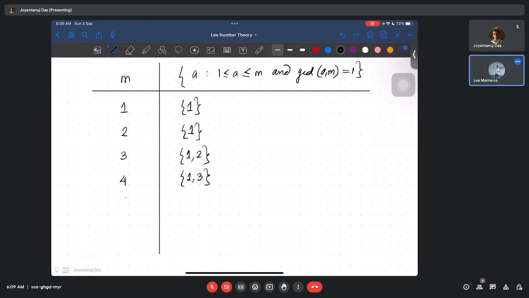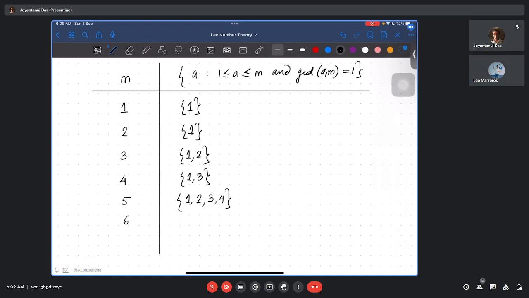For 5, what will be the set? 1, 2, 3, and 4. All of them will be there. But for 6 I can have only 1 and 5. 2, 3 and 4 we cannot have.